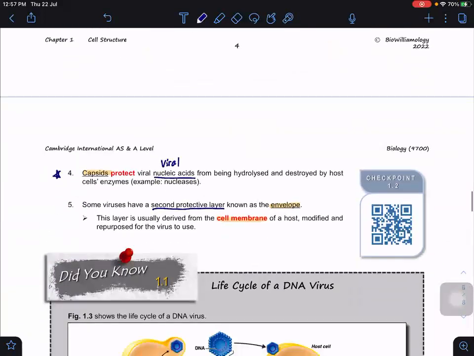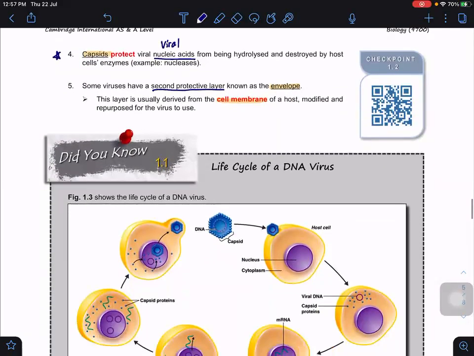And some viruses have a second protective layer known as the envelope. This one we need to know. The envelope is not derived from the virus itself. The virus derives this envelope from the cell membrane of a host cell, and they modify these membranes and make them usable for the virus.